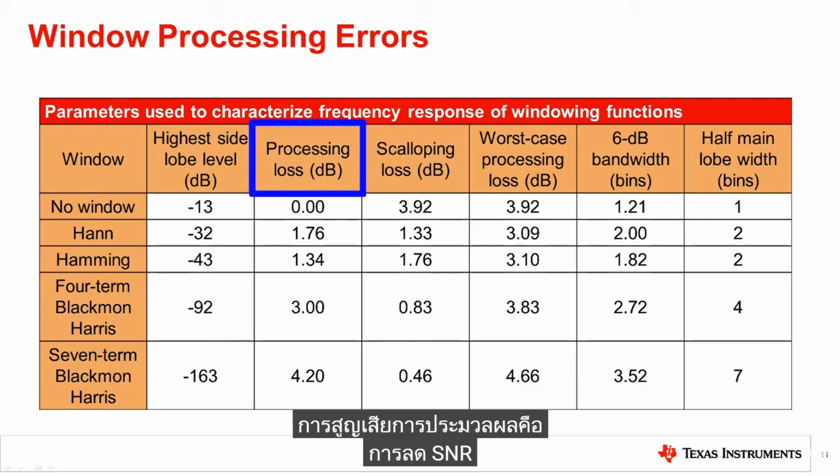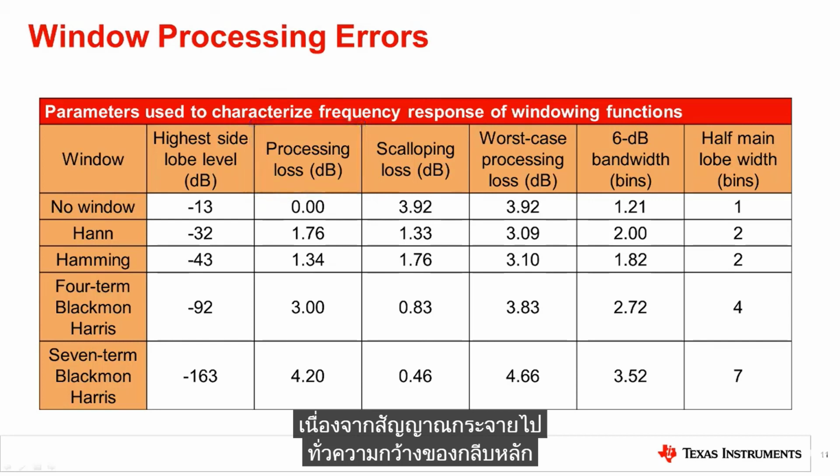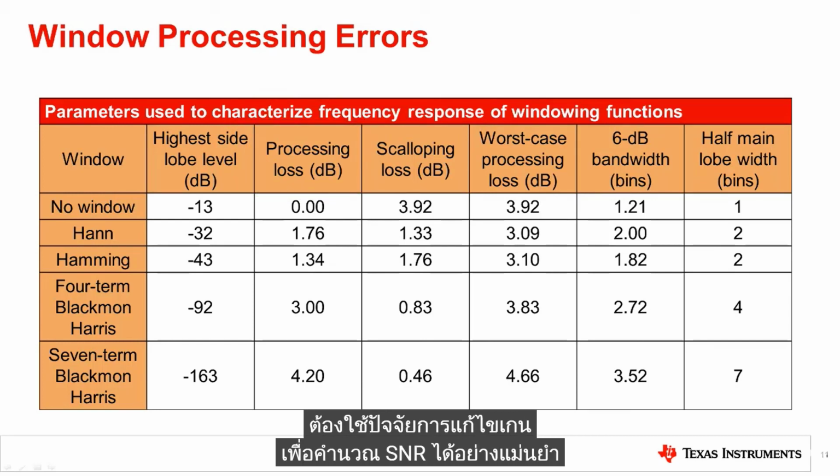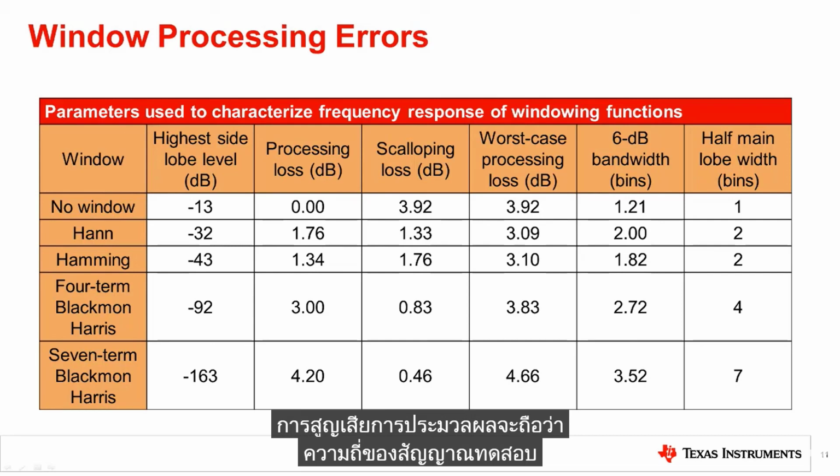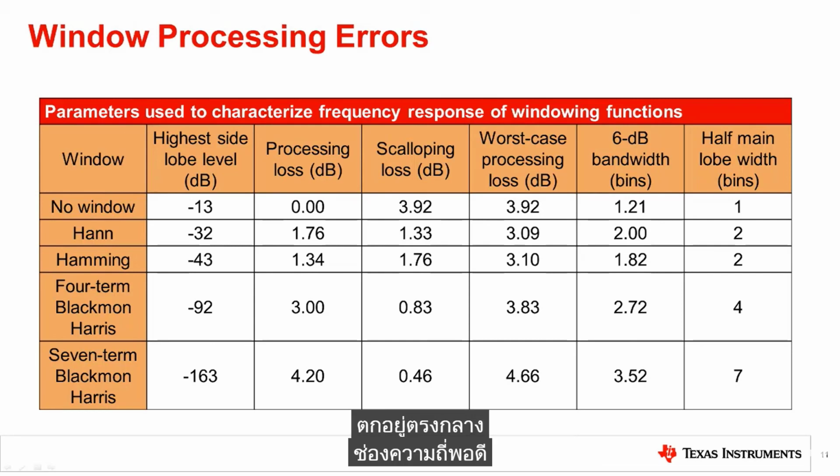Processing loss is the reduction in SNR due to the signal spreading across the main lobe width. Because of this spreading in the signal power, a gain correction factor must be used to accurately compute SNR. The processing loss assumes the frequency of the test signal falls exactly in the middle of the frequency bin.